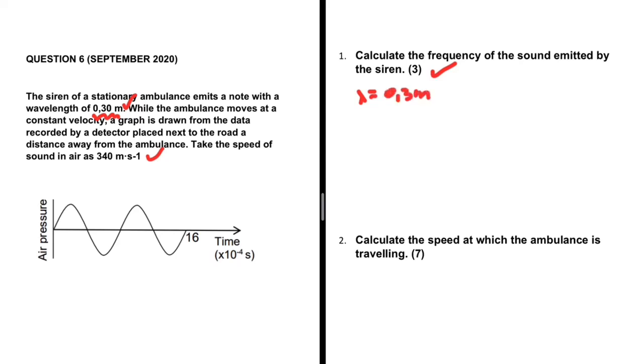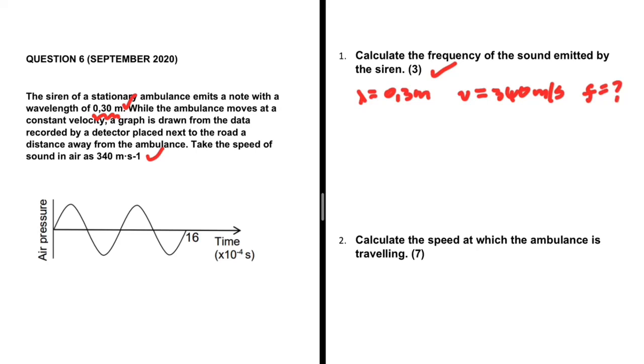Another piece of information we have is the speed of sound in air. So V is equals to 340 meters per second. We're interested in the frequency. What is the frequency of the sound emitted by the siren?